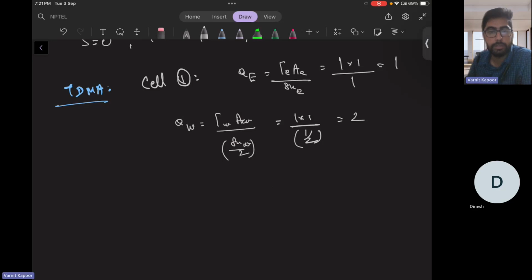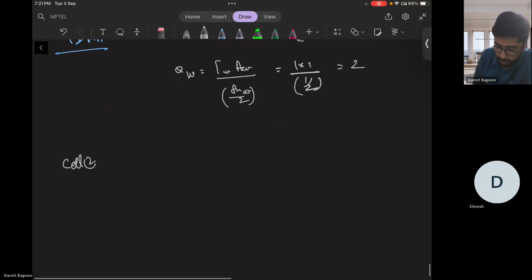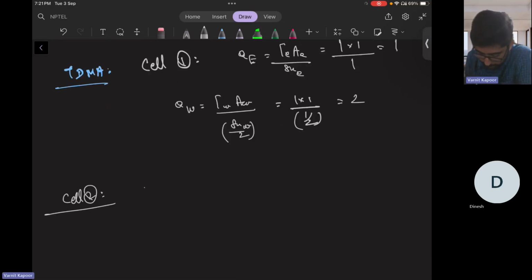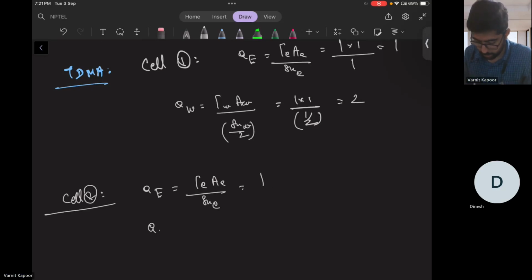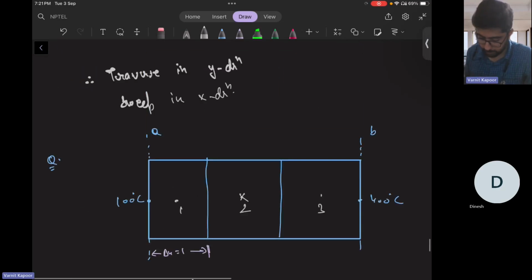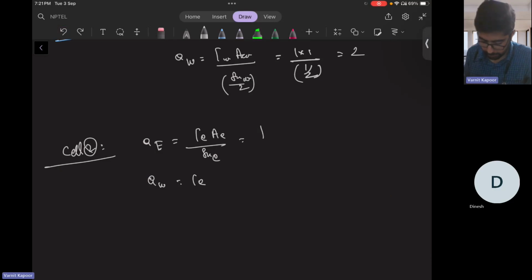How can I write the equation? Let's come to cell 2 first. Okay, so for cell 2, A east is gamma east A east upon del x east. A west will also be, because for node 2, the west node is this one, gamma west A west over del x w.